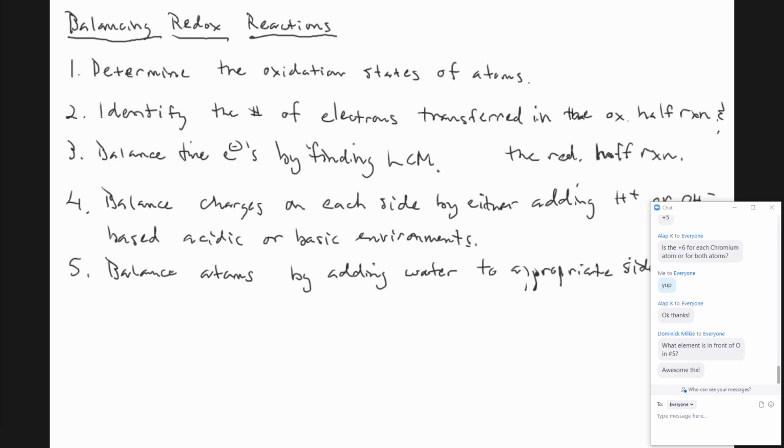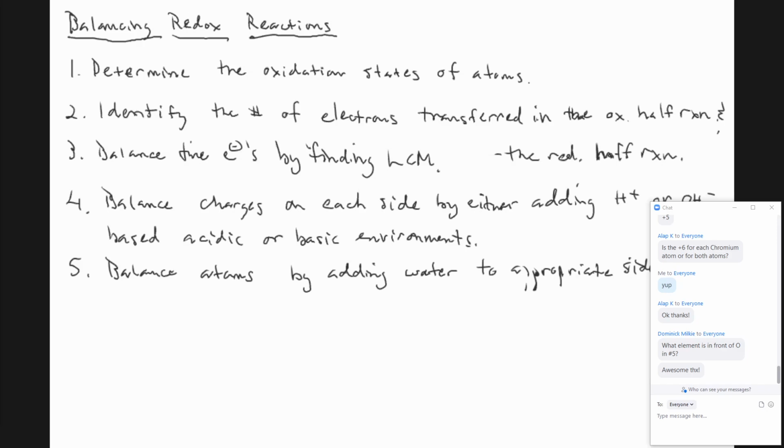So these are the 5 steps, kind of like my forced problem recipe. These are the 5 steps I use to balance redox reactions. Determine the oxidation states of atoms. That's what we were practicing earlier. Identify the number of electrons transferred in the oxidation half reaction and the reduction half reaction. 3, balance the electrons by finding the least common multiple.